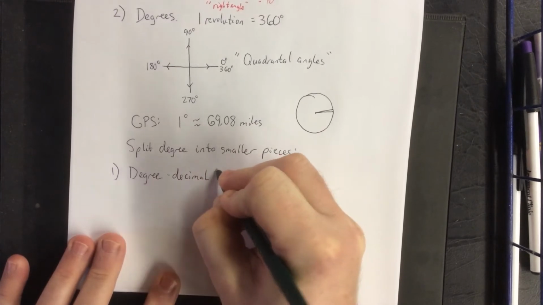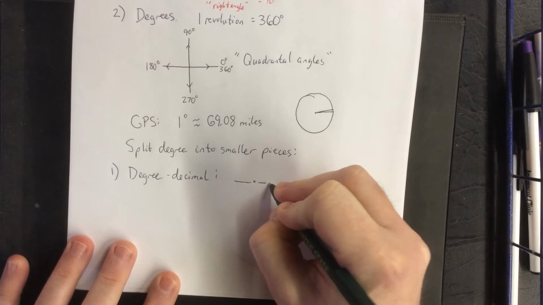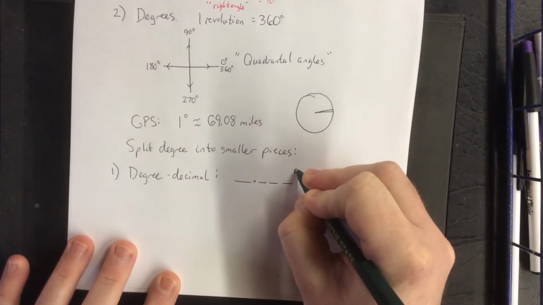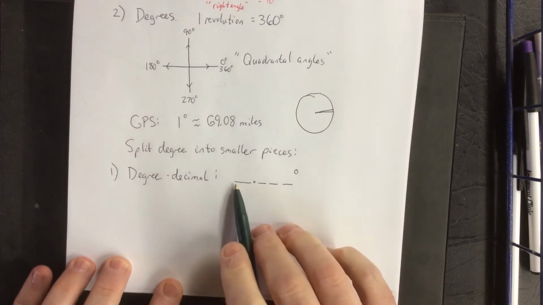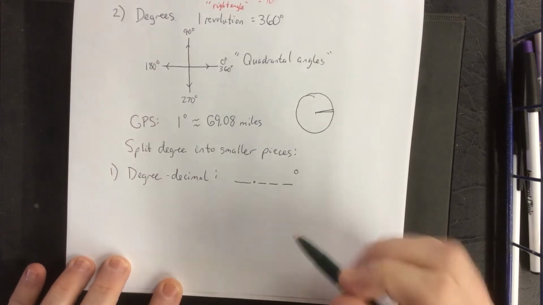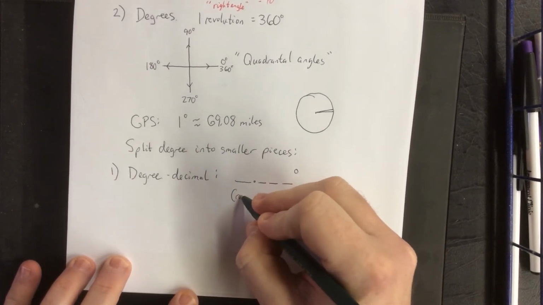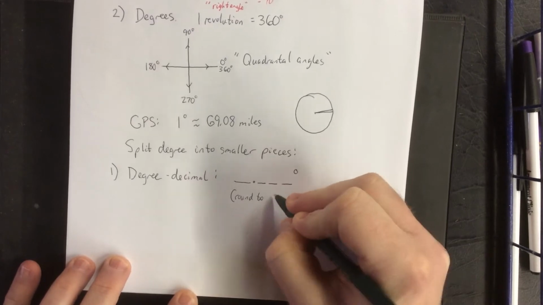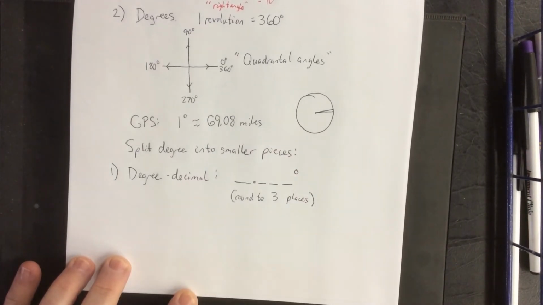This is where you'll simply take whatever your degree measure is and break it into a decimal portion as well. Now, with that in mind, you'll usually see a whole number of degrees, and then a tenths place, a hundredths place, and a thousandths place after that. So, unless otherwise specified, we're going to round to 3 places beyond the decimal.